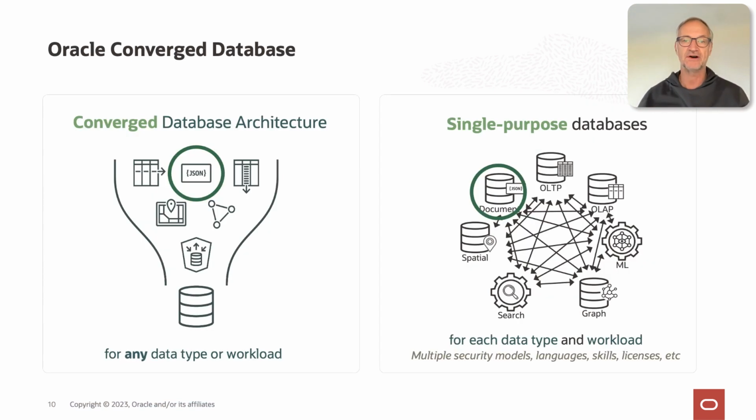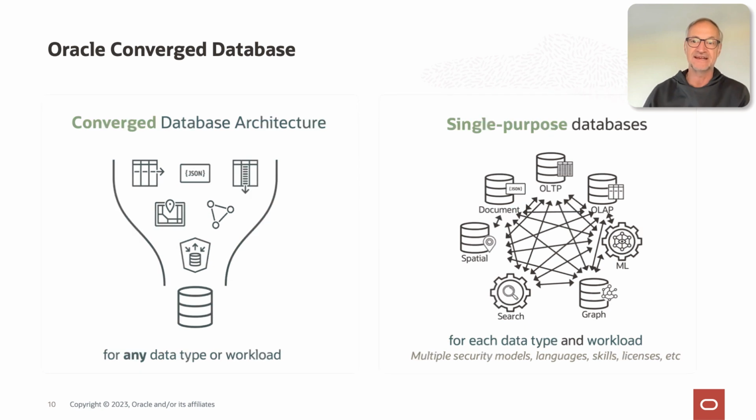So what is Oracle doing in this space? Oracle's vision and Oracle's development goal is to provide a converged database architecture. So our vision is a single database architecture for any data type, any kind of workload in your system, as compared to single-purpose databases.